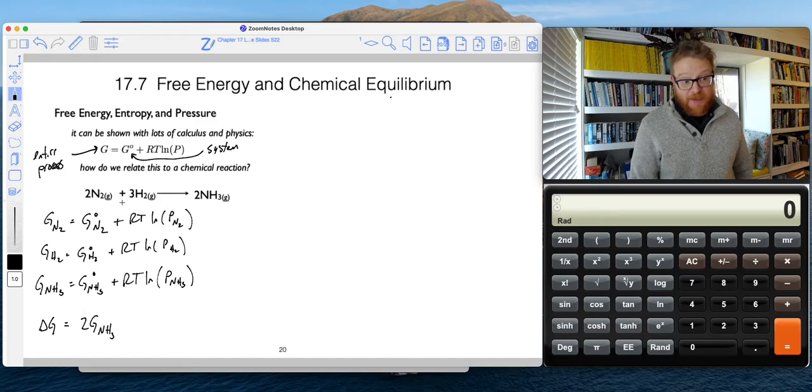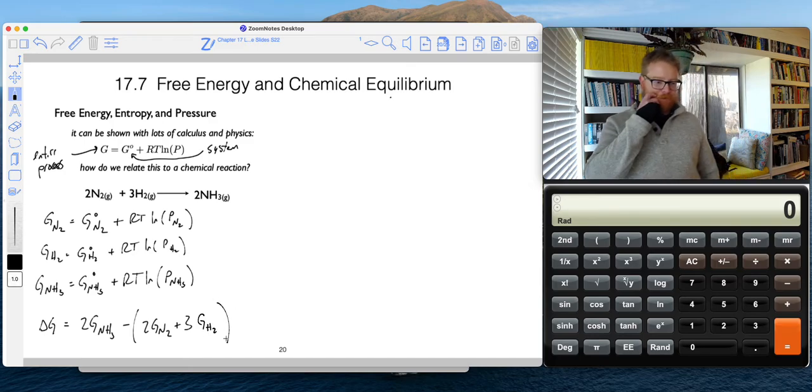And now because I've got 2 NH3s in my reaction, when I say 2 times G of NH3, I really mean 2 times this entire equation, okay? And now that's minus the sum of the reactants. So that's going to be 2 times the free energy for nitrogen, oops, let's write G there, plus 3 times the free energy for hydrogen.